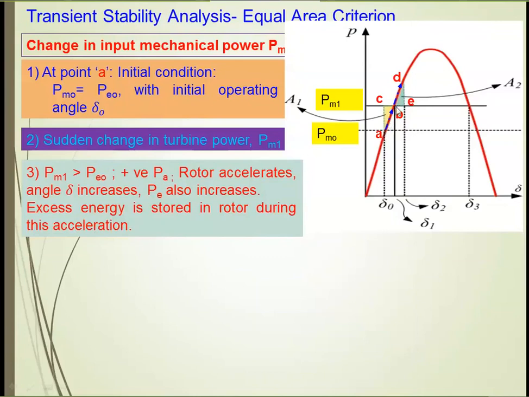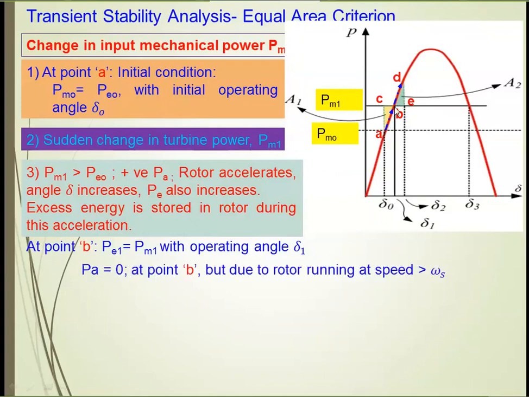Now at point B, PE1 will be equal to PM1, because the rotor has accelerated and the angle has increased to delta 1. At that instant PE1 becomes equal to PM1, with angle delta 1, right? This is the one here.